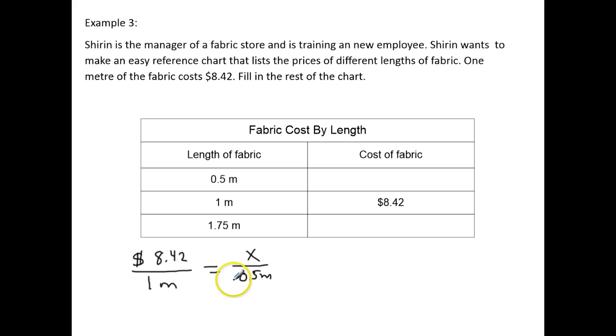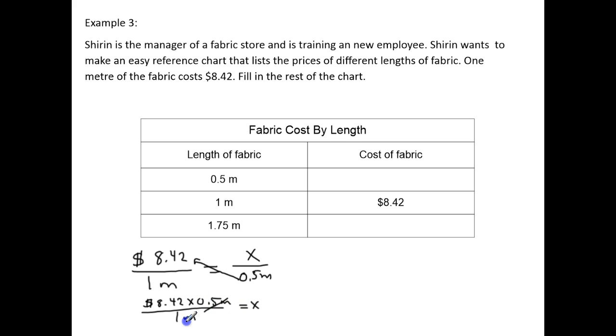So we're going to use a process of cross multiplying and dividing. We multiply 0.5 times $8.42, and then we divide it by 1 meter. So we have $8.42 times 0.5 meters, divided by 1 meter, and that gives us X.